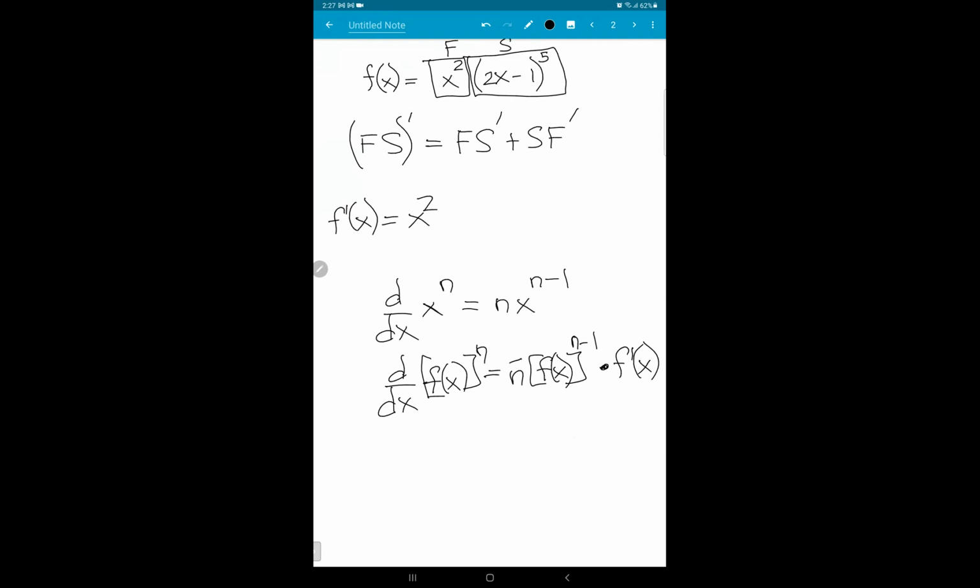So you bring down the exponent, subtract 1 from the exponent, differentiate the base.